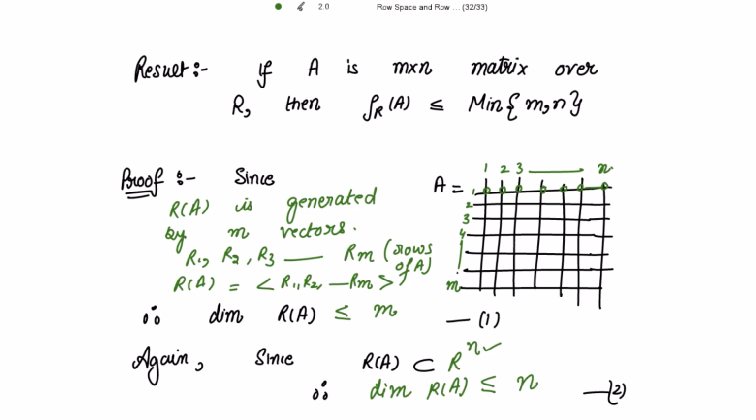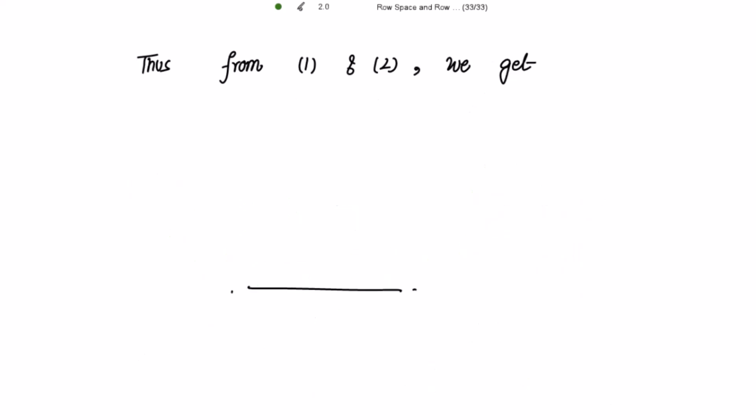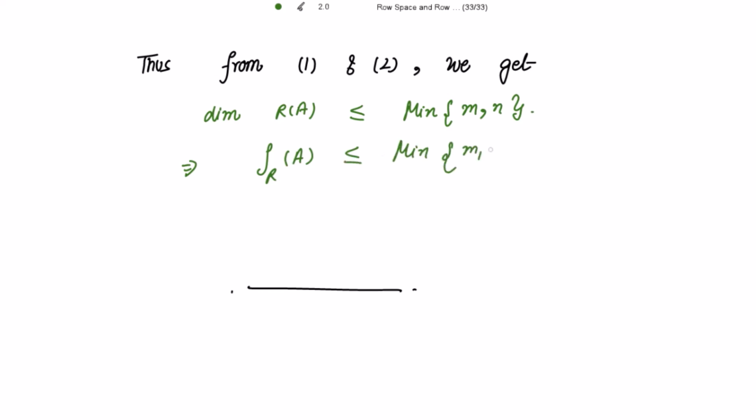In 2 we are saying the dimension of R(A) is less than or equal to n. So from 1 and 2 we get that the dimension of R(A), denoted by rho(A), is less than or equal to the minimum of m and n, right? Okay, thank you.